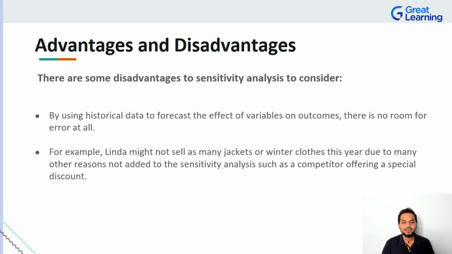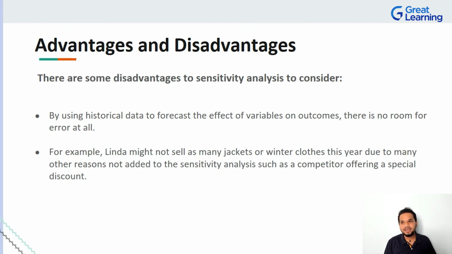So again, for example, let's go back to Linda. Linda might not sell as many jackets or winter clothes in this particular year, right? There might be many other reasons for it. When you add sensitivity analysis to it, you cannot predict what your competitor is doing. Now, Linda can assess all her past data and maybe even all her past competitors' data as well.